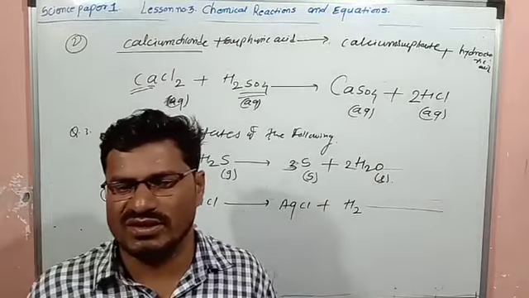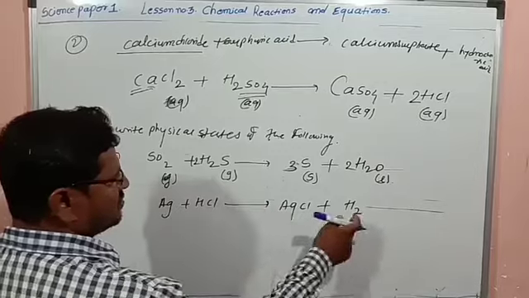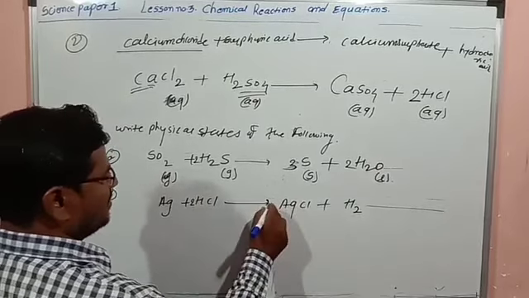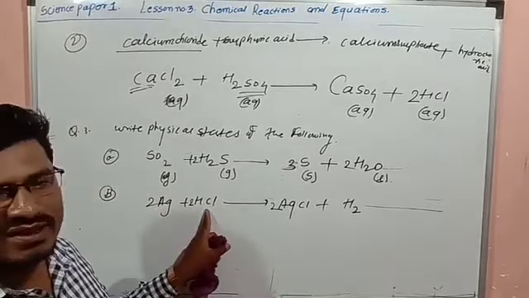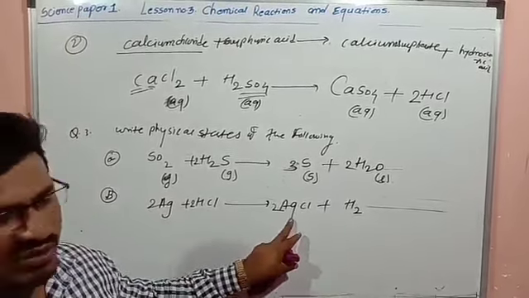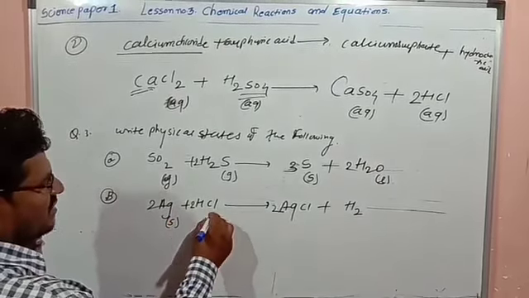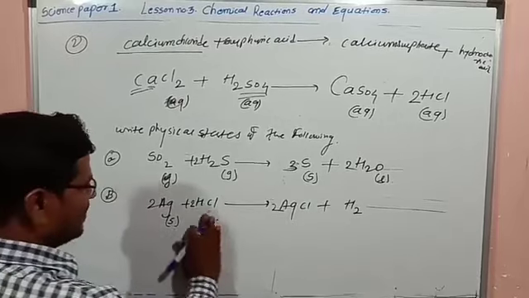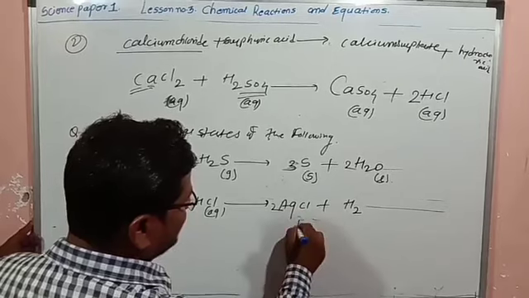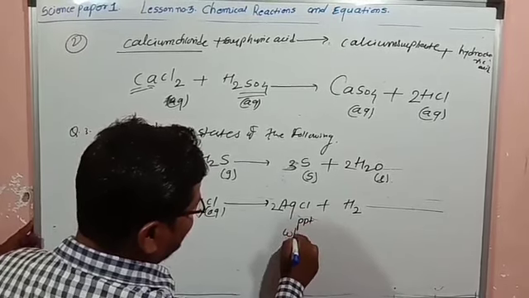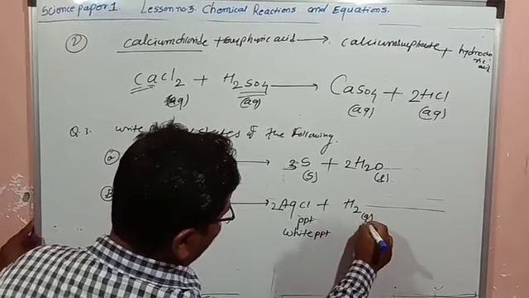The chemical equation is not balanced, but for H2 you multiply by 2, and for Cl you multiply HCl, so 2Ag. So silver plus HCl gives silver chloride plus H2 gas. This one is solid state, this one is liquid state. You can take aqueous also. This one is aqueous, and this one will be a precipitate, a white precipitate, and this one will be gaseous state.